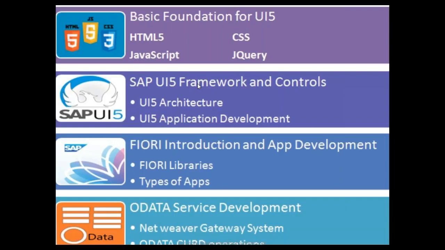So this framework includes libraries like sap.ui.commons, sap.m, sap.ui.layout, sap.ui.table, and so on. So when you build a UI5 based application using the sap.m library by following certain guidelines, which are known as user experience guidelines, you will end up creating a Fiori application.